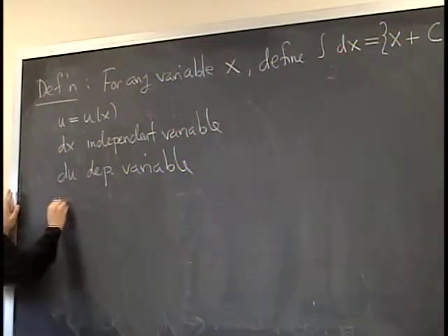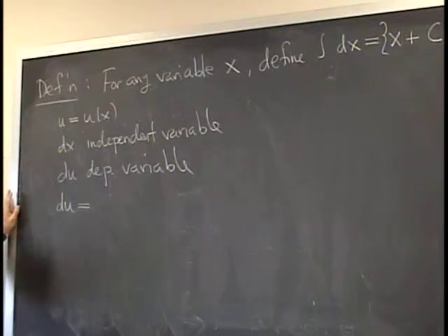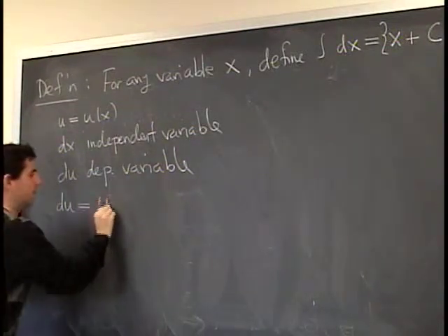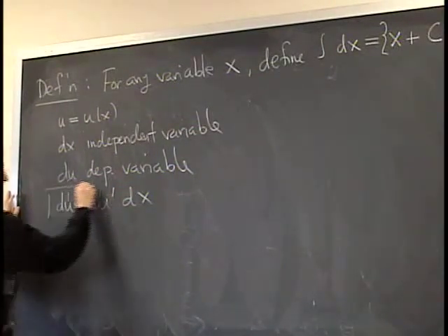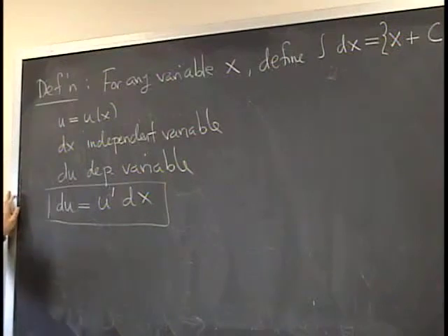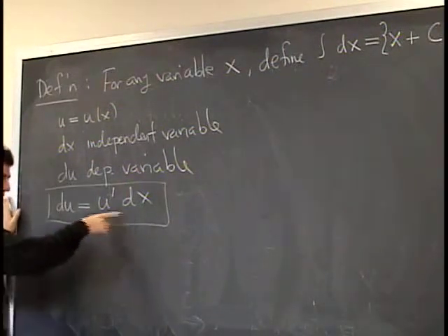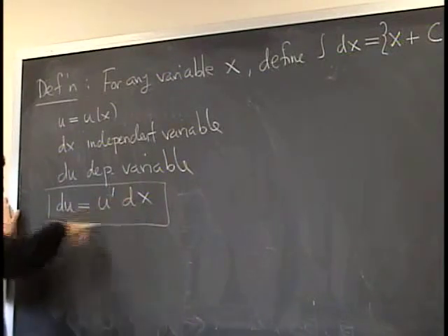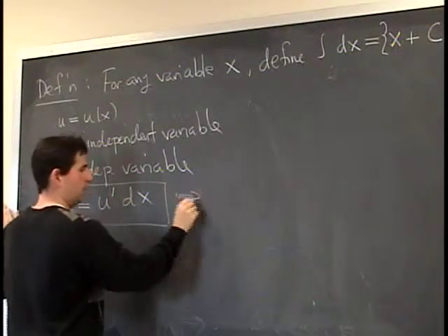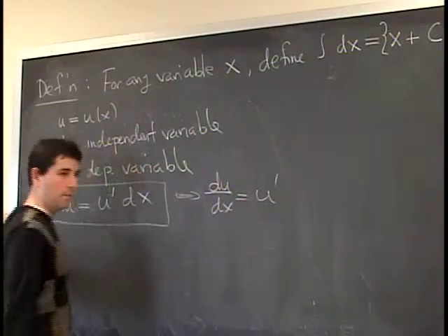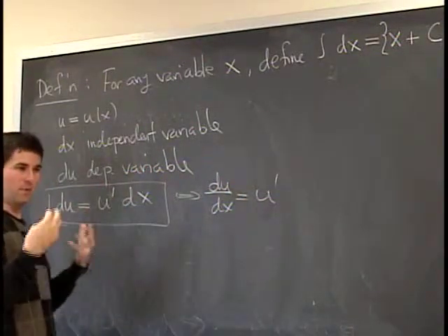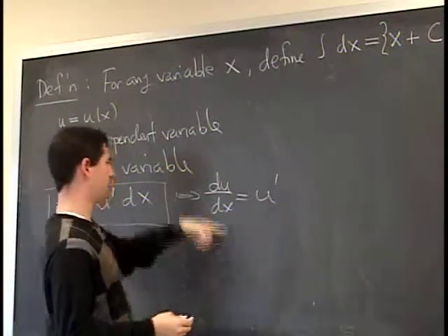And you remember the relation? du equals the derivative of u, u prime, times dx. Okay, so we define things this way. And remember, the nice thing is if you define things this way, then if you divide by dx, you get du divided by dx equals u prime. So it all somehow matches up with what we want, right? The derivative should be the derivative.